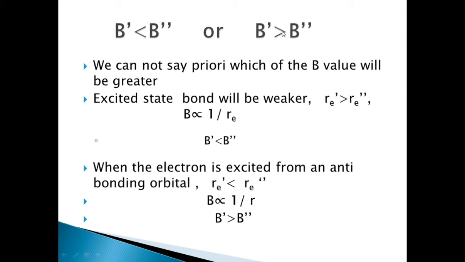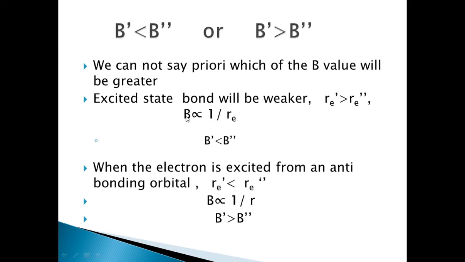We cannot say a priori which B value will be greater, because in the excited state we know that the bond will be weaker. That means the internuclear distance, that means the equilibrium bond length, is greater. The equilibrium bond length of the excited state is greater when compared to the ground state.